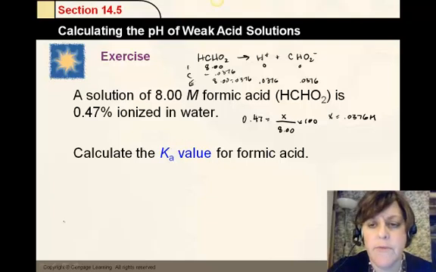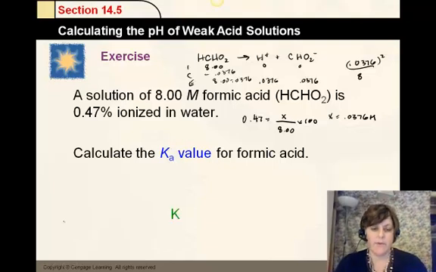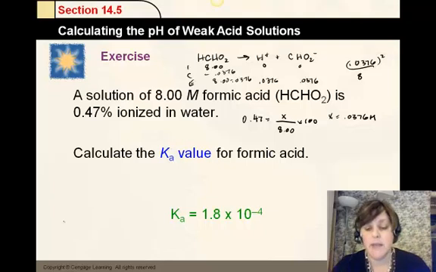And when I do products over reactants, or 0.0376 over 8, and this is going to be squared, I get the value for Ka to be 1.8 times 10 to the negative 4. I actually got a little bit less, but rounded to 2 sig figs, I did get 1.8 times 10 to the negative 4.